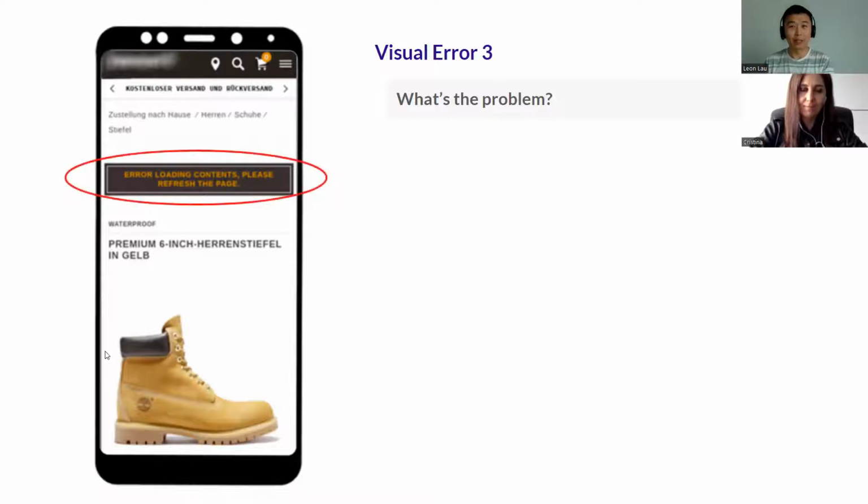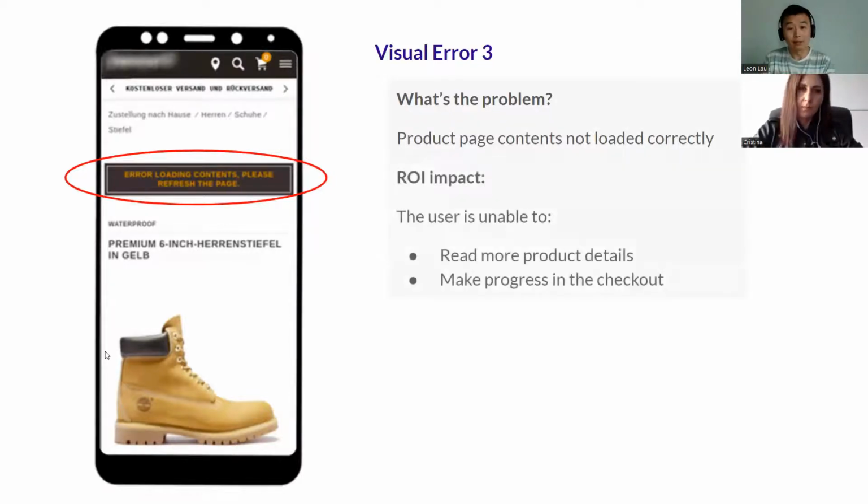This is another example that we see here where, again, we ask ourselves, what is the problem? And looking at the error that appears here, it seems that the page contents did not load correctly. So the ROI impact is, as we may have talked before, the page being unable to display important product information. The user is unable to make an informed decision unless he really knows the product that he's buying.